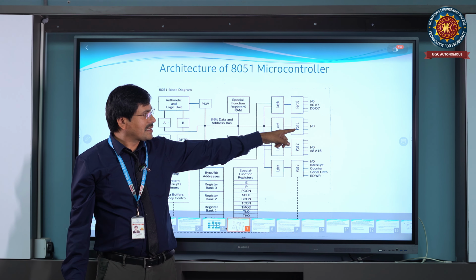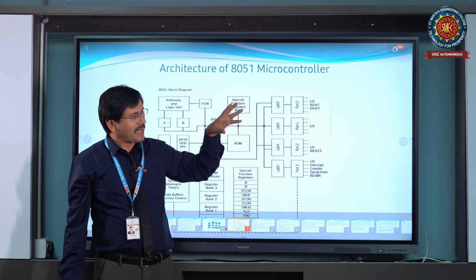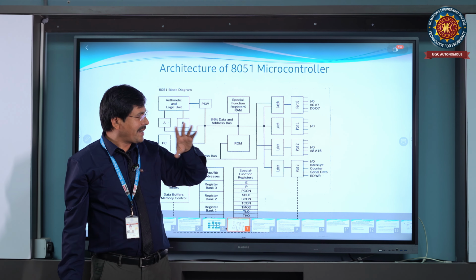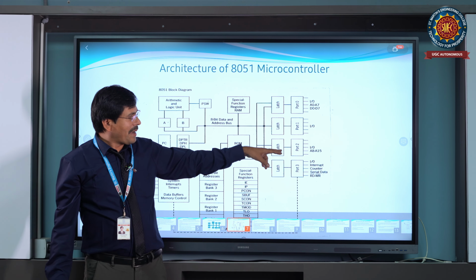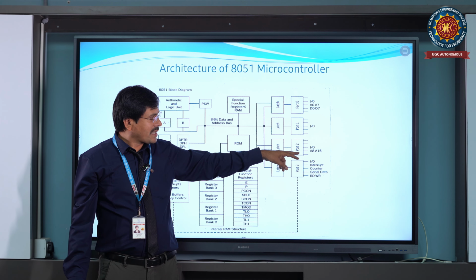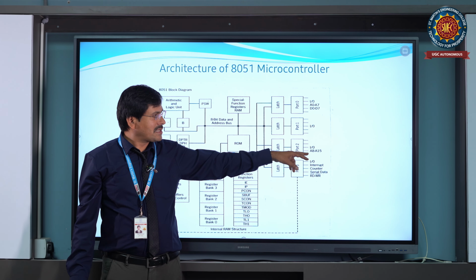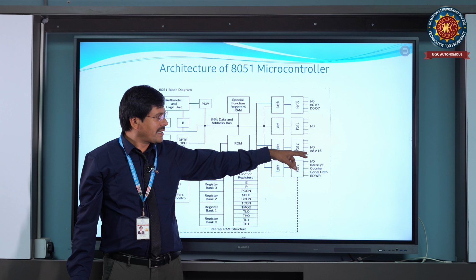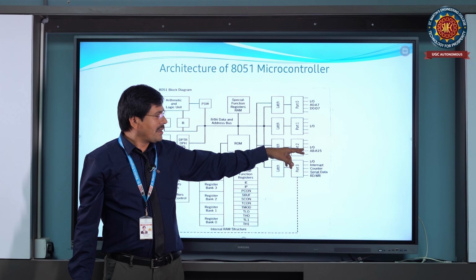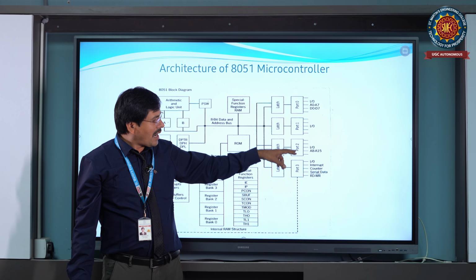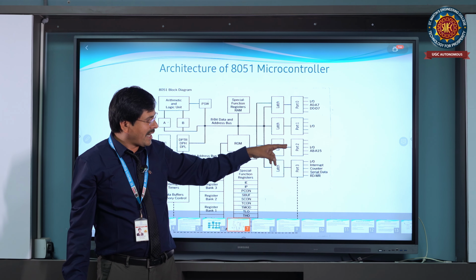Port 1 consists of only general purpose input and output pins, only 8 pins. Port 2 contains only the higher address pins, A8 to A15. All the ports can be used as input and output.